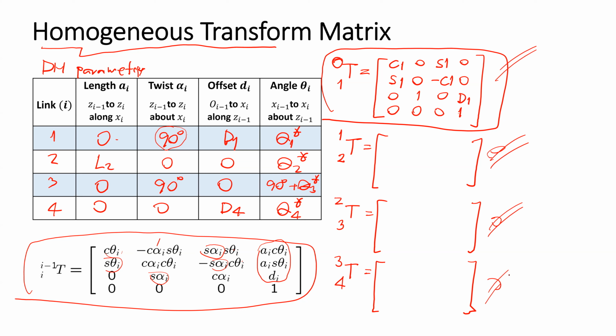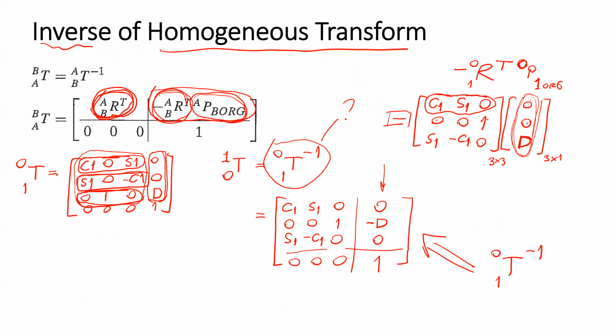And practice how to obtain the inverse of the homogeneous transform because we need to use it. Today we need to use this. It's a very useful thing that we need to use.